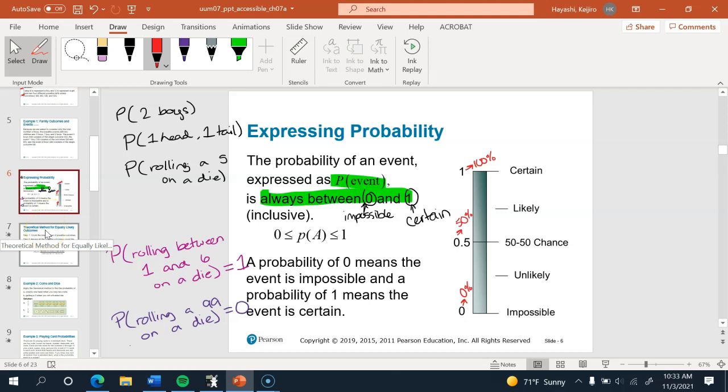I mean, not that it's really up to chance. It's not like the IRS are rolling dice to see whether you pay taxes or not. But just expressed as a chance of it happening, it is a likely event. So probability is going on a scale from 0 to 1.